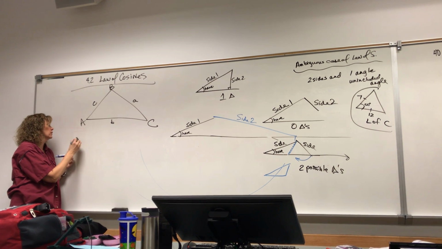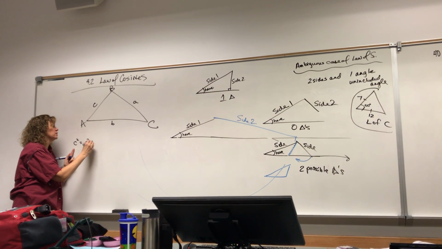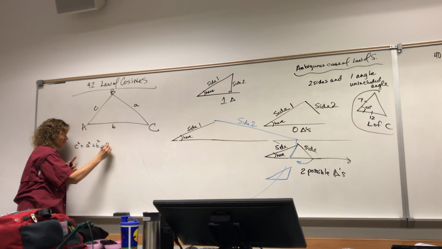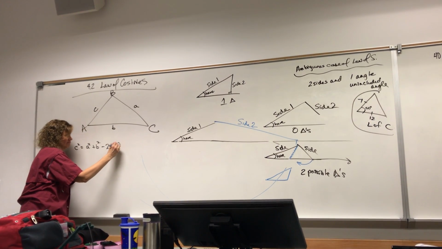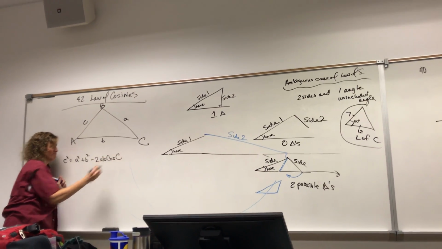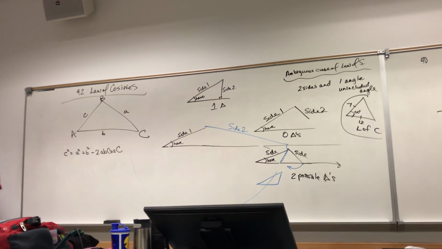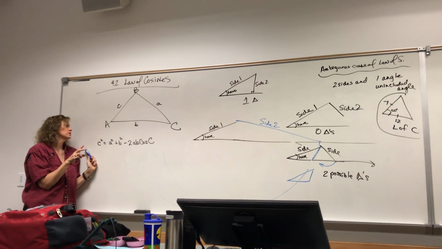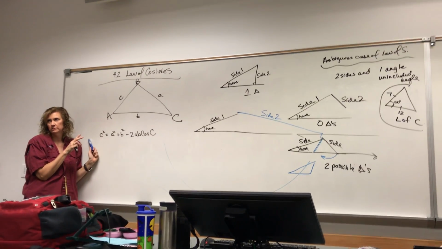So this is side c squared, is a squared plus b squared, almost looking like the Pythagorean theorem, but it's not. Okay. So the law of cosines is a little bit more complicated. You're going to do it enough that you're going to get it.